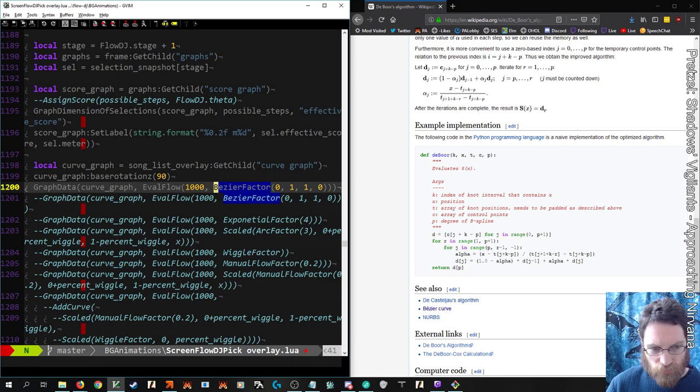Alright, so B-spline, and leaving out X and K, we have knot positions. I don't know what the limits on range are.